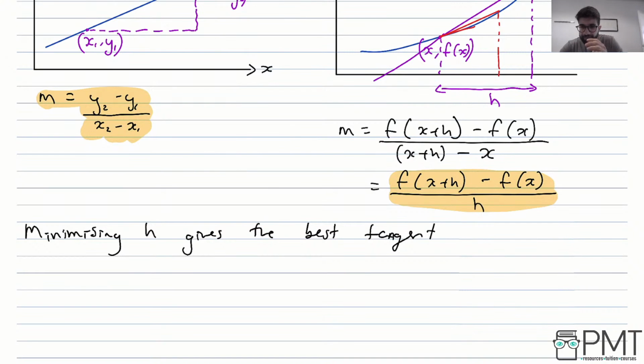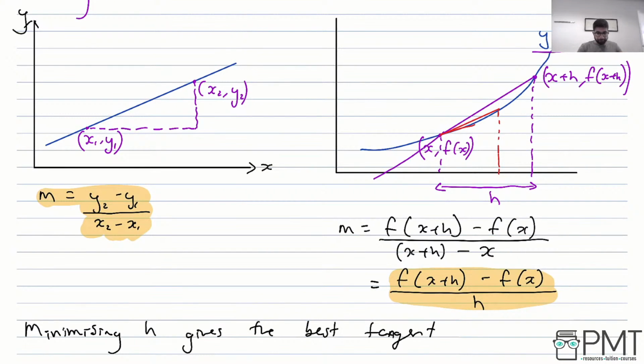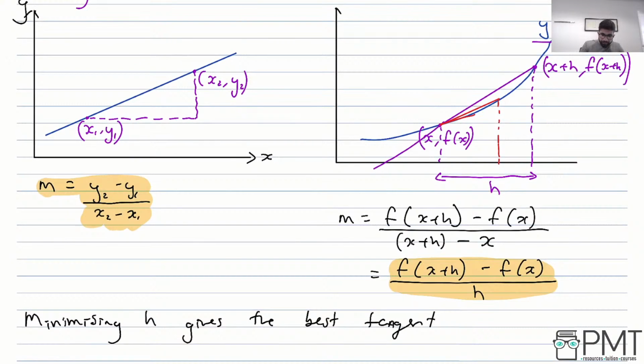Yes, that's correct. Thank you. You want to make h as small as possible. What can the smallest h value we have be? You can see that in the way I drew them, h got smaller with the red line. We can make it a bit smaller. But what do you think is the limit that h can go down to?